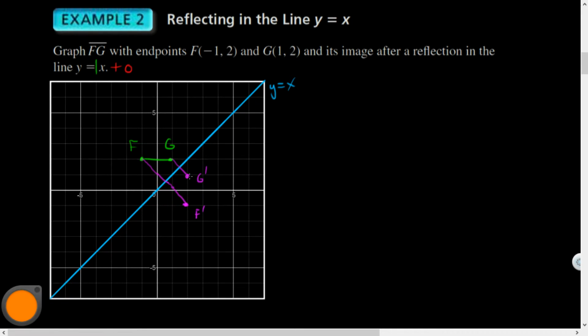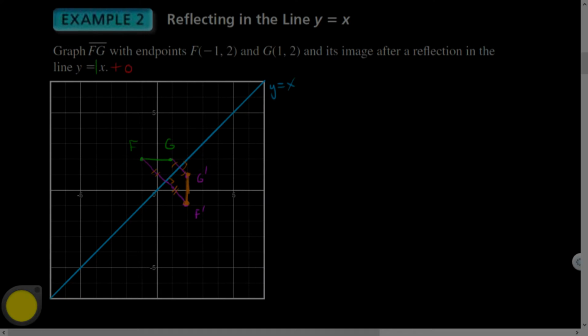And I get G prime F prime looks like that, right? And so it's mirrored over that line, and right, our properties were such that these mirrors were perpendicular and bisected by the line. And so I like just counting the diagonals of those boxes kind of as a full diagonal, half diagonal, like so.